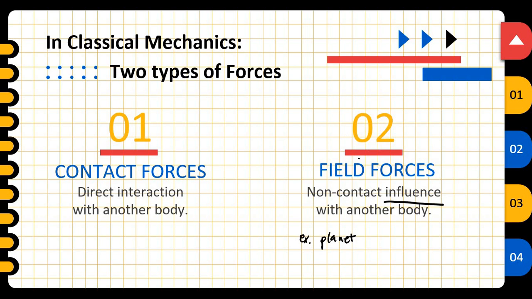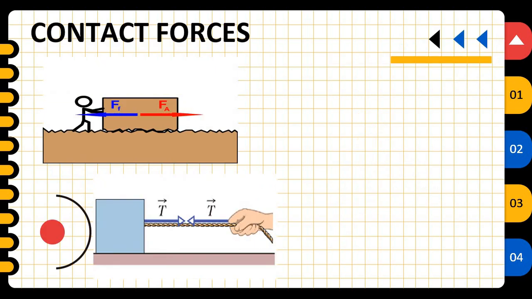So in order to understand better what are the contact forces and field forces, let us try to identify their subtypes. So let's start with contact forces. So here are the subtypes of contact forces. We have 5. So for this first image that we have right here, we already have 2. So this red vector line with the symbol F sub A is what we call the applied force.